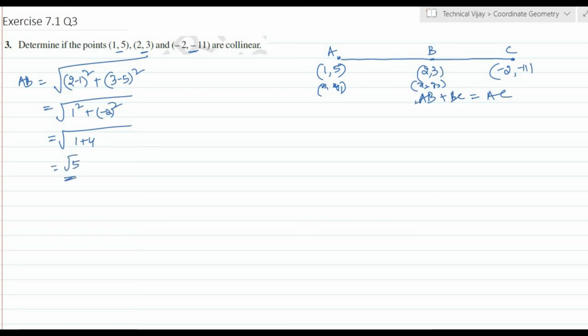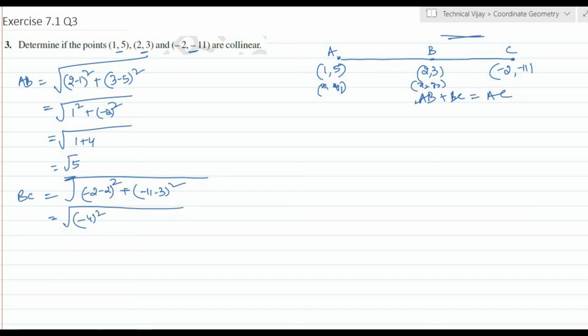Now we will see BC. BC is equal to this distance. This is x1 y1, this is x2 y2. So here (-2 minus 2) square plus (-11 minus 3) square, all under the square root. So it is (-4) square plus (-14) square.